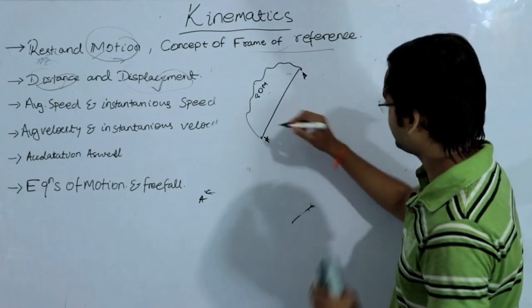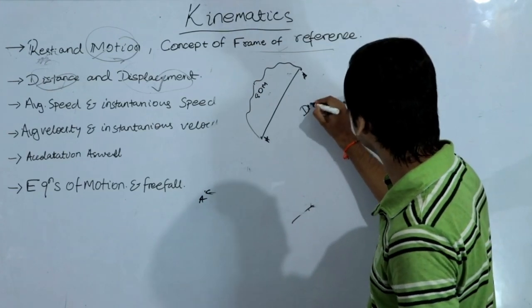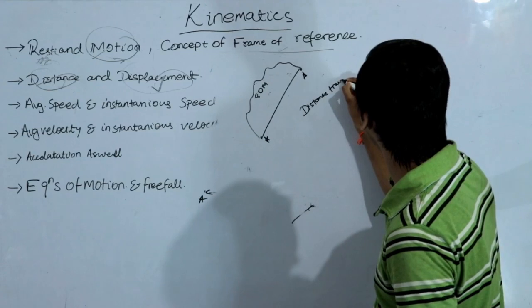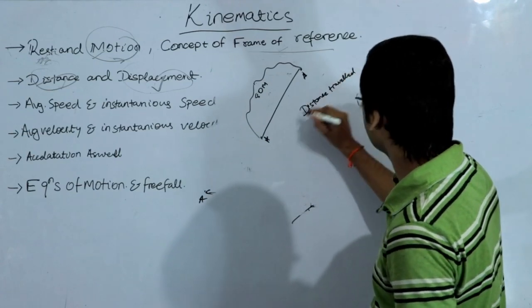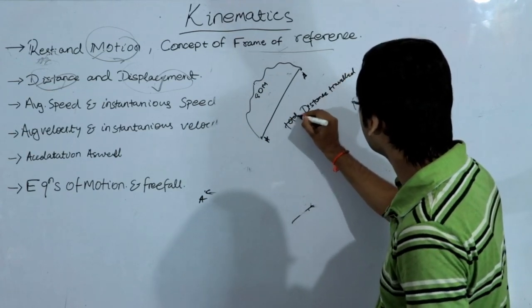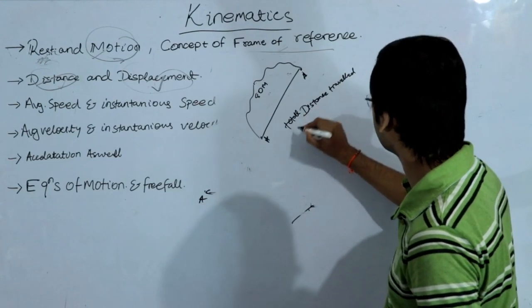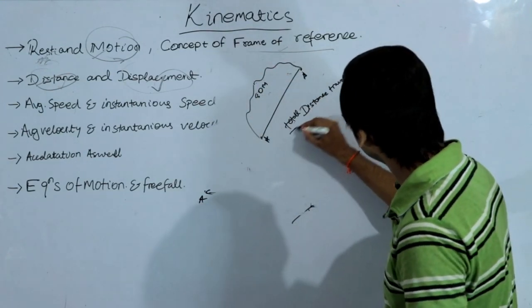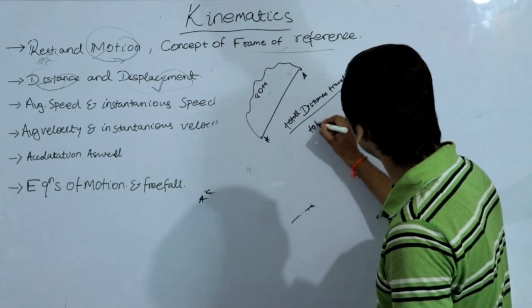Speed is nothing but the total distance traveled by any path over the total time taken.